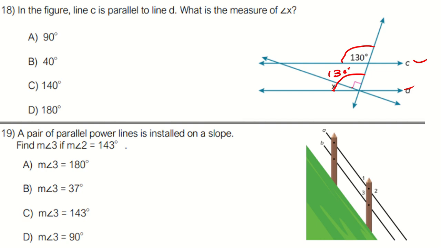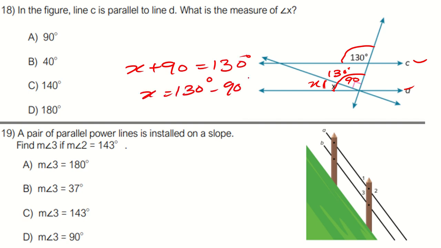But this angle, you know the meaning of this symbol? This is called 90 degrees. So they say this is 90 degrees. So to find this X, X plus 90 should be equal to 130. So X will be equal to 130 minus 90 degrees, meaning it will be 40 degrees. Okay, so this will be the option.